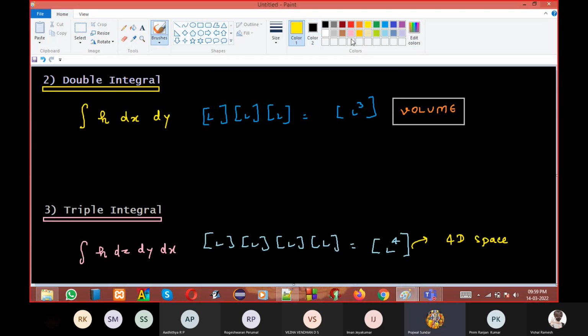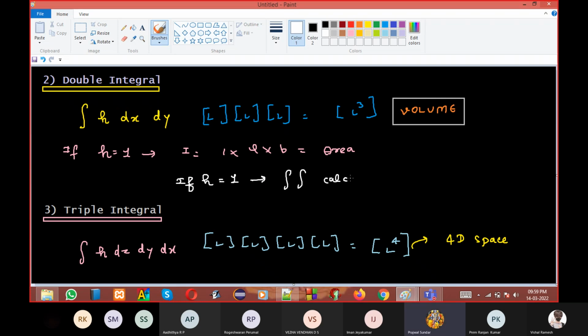Similarly, here if I am putting h as 1, then the integral will be equal to 1 into length into breadth, equal to area. So I can say if h is 1, then double integral calculates area.